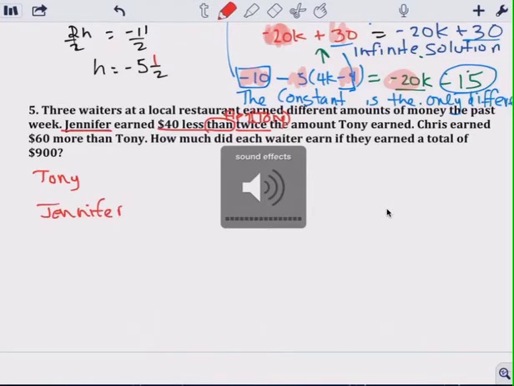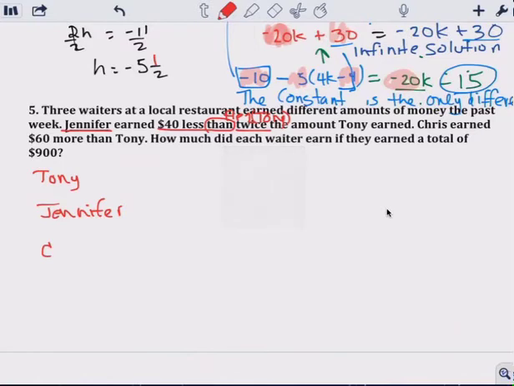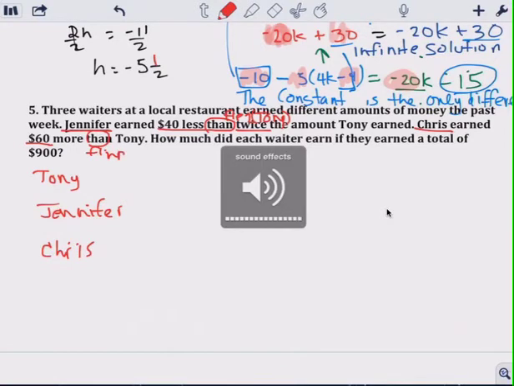Chris earned $60 more than Tony. Let's look at Tony.